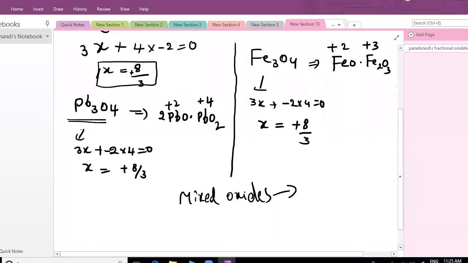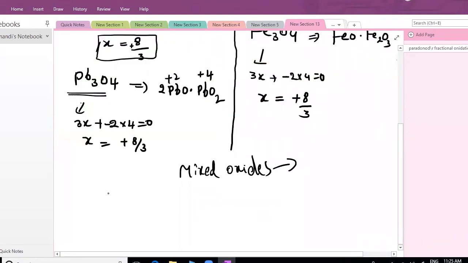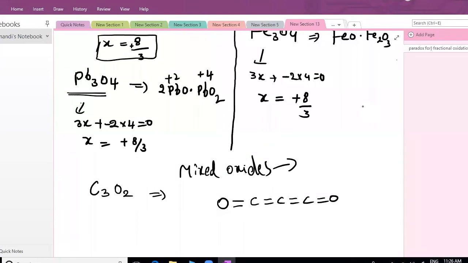So one more I am going to give: carbon suboxide, C3O2. Here the oxidation numbers are -2, +2, 0, +2, -2.